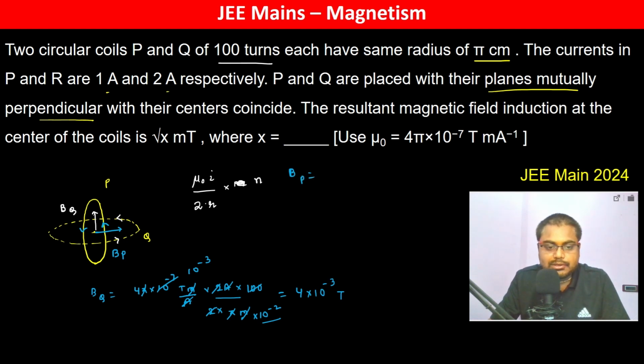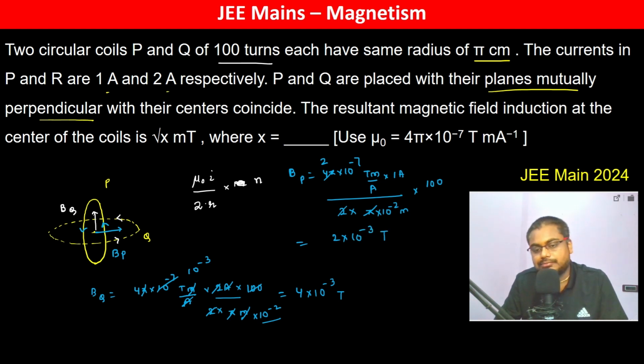Due to P, it's going to be 4 pi into 10 to the power minus 7 Tesla meter per ampere into I. I was 1 ampere. Now, mu naught I by 2 into r, r is again pi centimeter. So pi into 10 to the power minus 2 meter into 100. So this becomes 2 into pi is gone, and this becomes 2 into 10 to the power minus 3 Tesla.